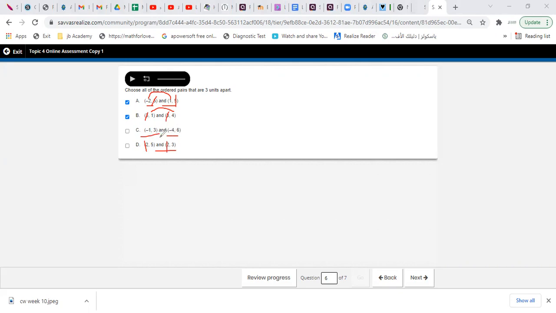So it's wrong. About D, 5 minus 3 equals 2. So the answer is A and B only.